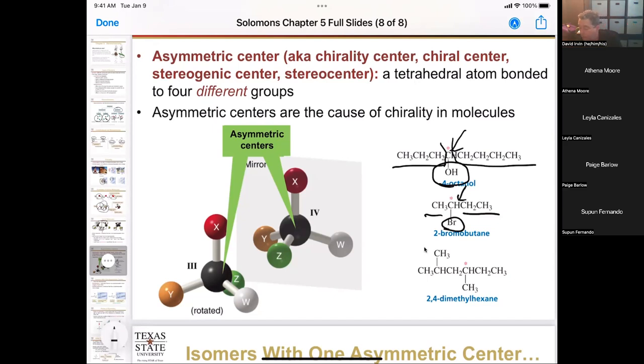So here we have a CH2, here we have an isopropyl group, here we have a methyl group and a hydrogen, it's a chiral carbon. But this carbon has 2 methyl groups on it. Those are not different. It is not a chiral carbon. Okay, so count the number of different groups you have, and that's the first requirement for chirality.